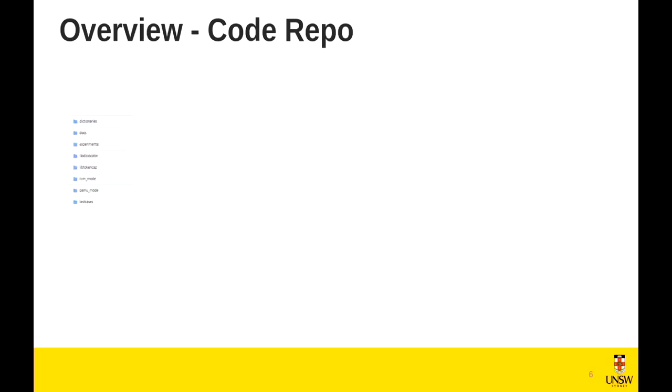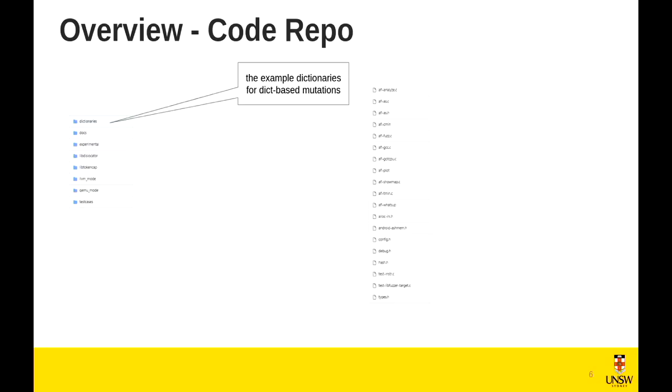Here are all the folders, and here are all the key files. This page has a lot of information, you don't have to remember all of it; this is just for those who are watching the slides, to provide information.